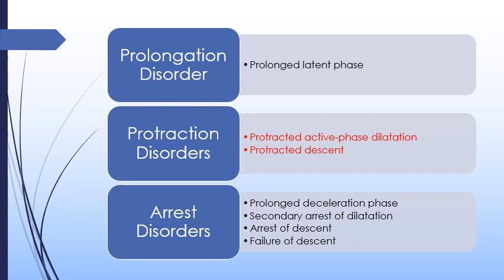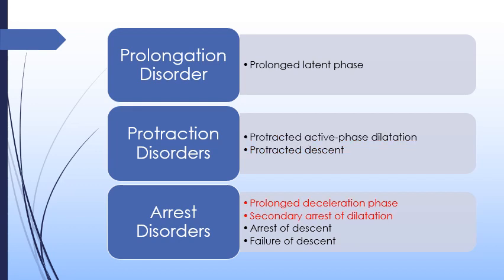Protraction disorders include protracted active phase dilatation, defined as less than 1.2 centimeters per hour in a nullipara and less than 1.5 centimeters in a multipara. Protracted descent is less than 1 cm per hour in a nullipara and less than 2 cm per hour in a multipara.